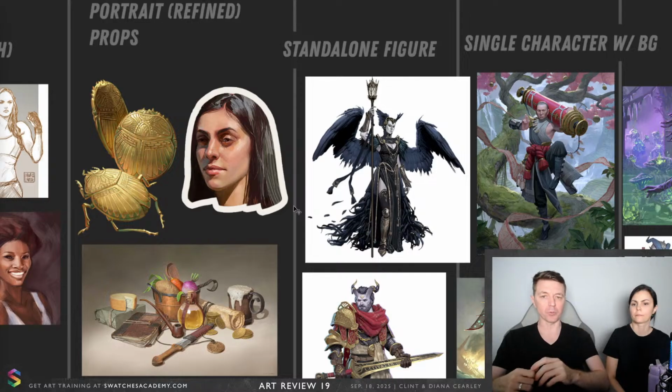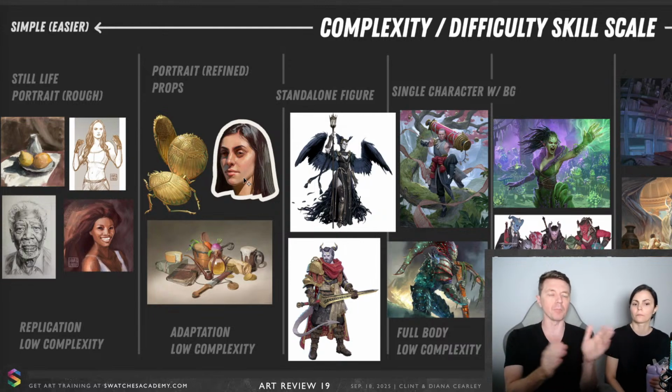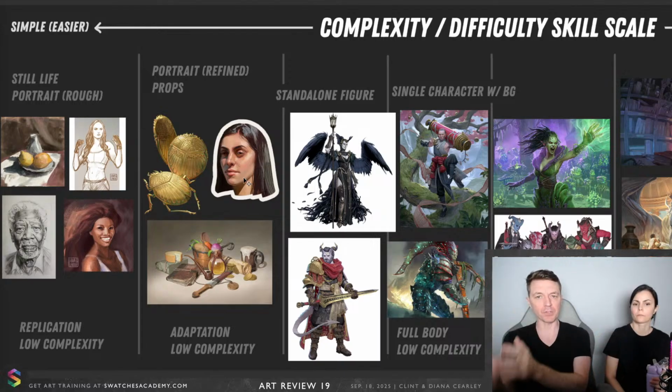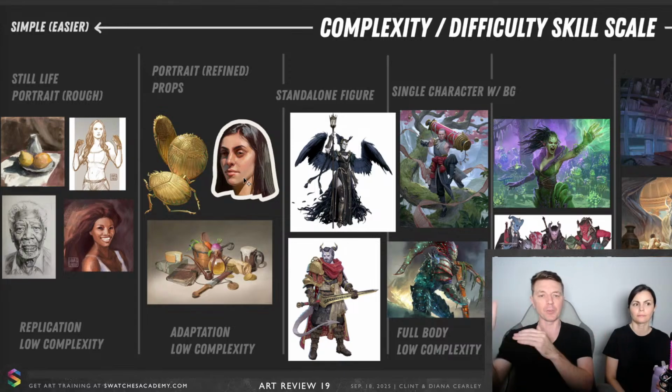What you need to understand is that you are never going to improve the quality of your piece by scaling up the difficulty of the piece, which is to say, if you scale up the complexity of the piece, the quality is not going to go up. It's always inverse. You scale up the complexity, you're scaling up the difficulty of the task, and therefore the quality goes down.